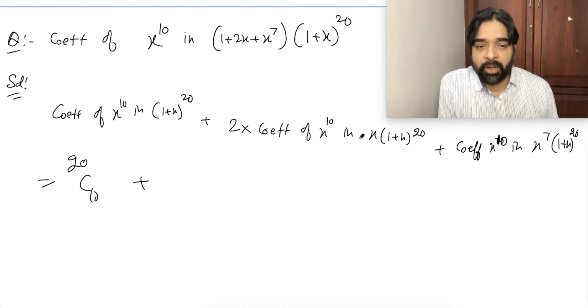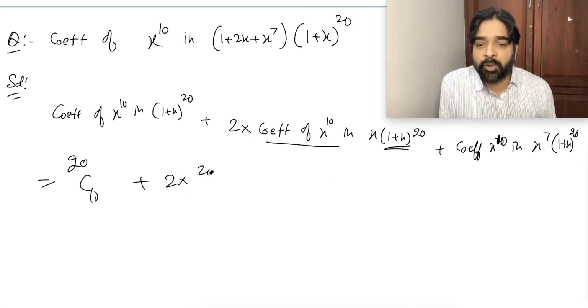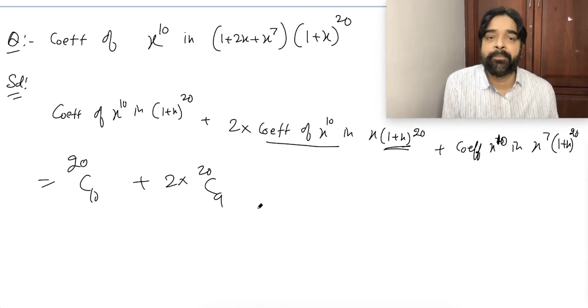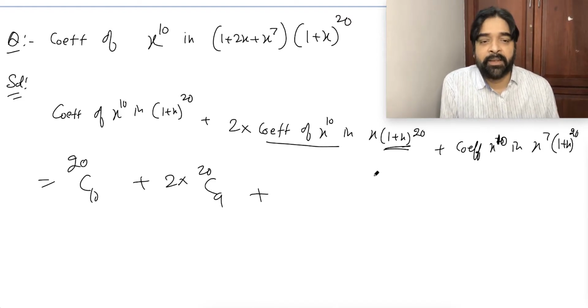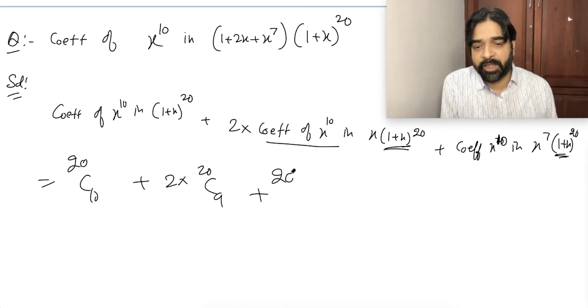Plus, look, coefficient of x^10 in this, I will say coefficient of x^9 in this. Am I right or not? So that will become 2 into 20C9 plus coefficient of x^10 in this is equivalent to coefficient of x^3 in this. So, 20C3.